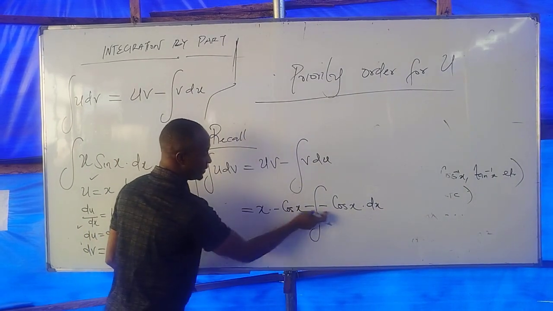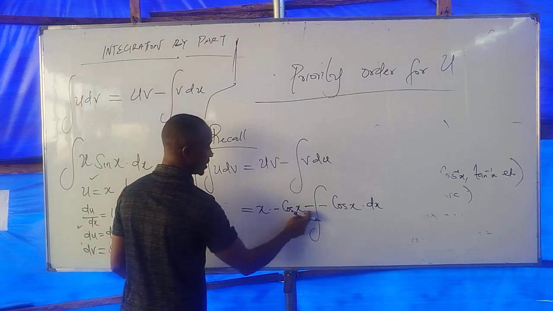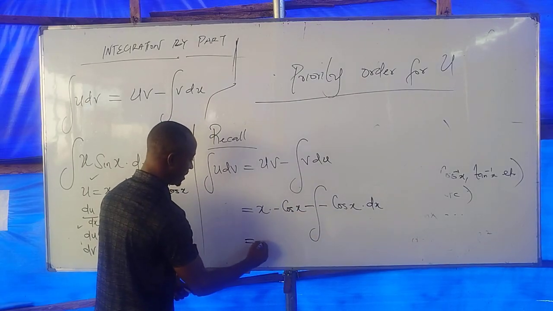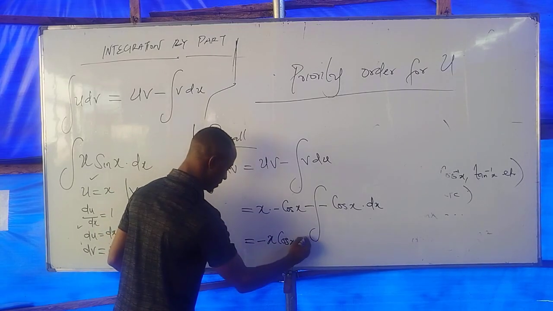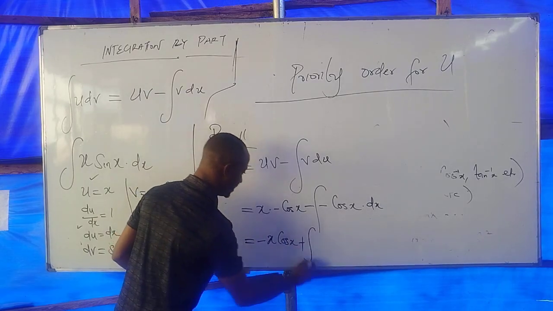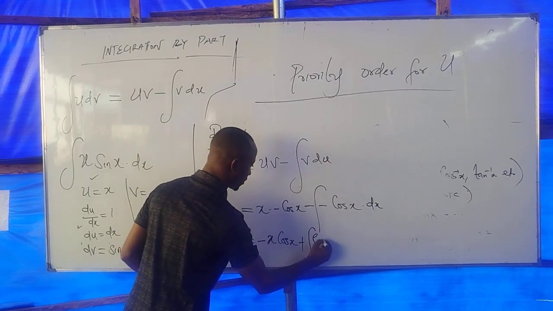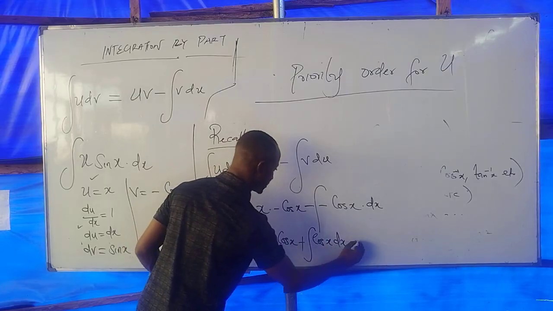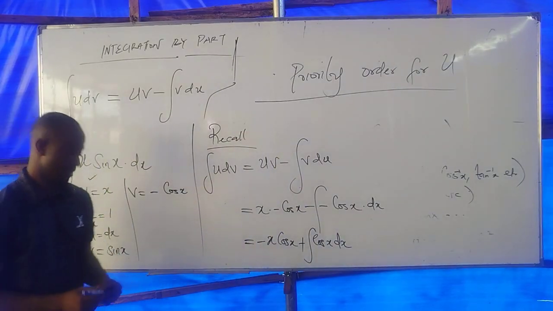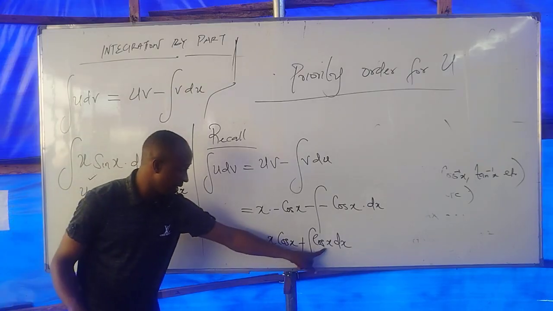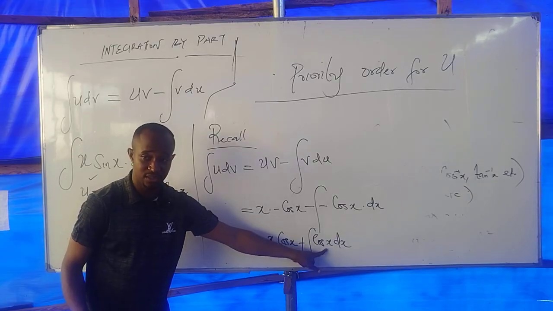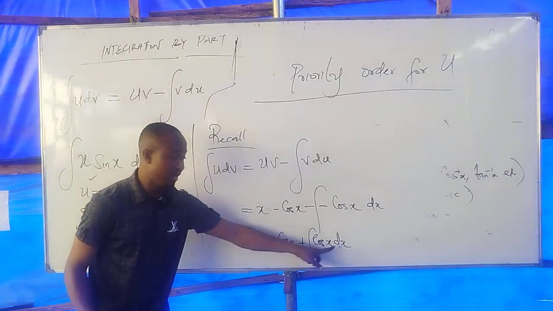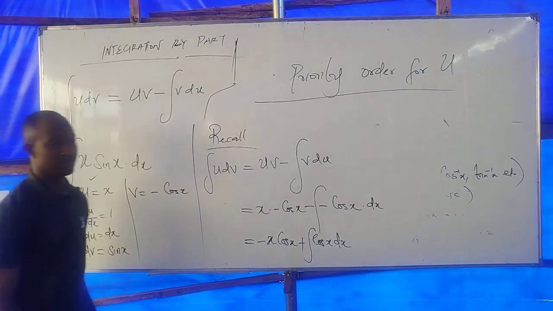I can actually evaluate this here. The sign becomes plus. So we have minus x cos x plus the integral of cos x dx. Are you following? Now, we can integrate cos x. When you integrate cos x, what do you have?